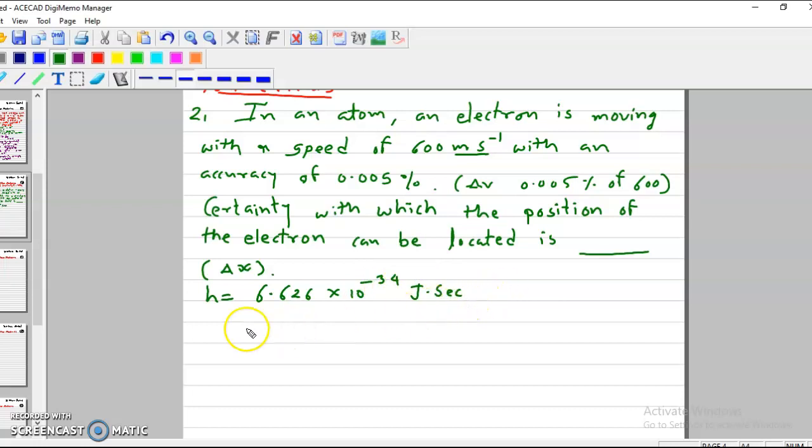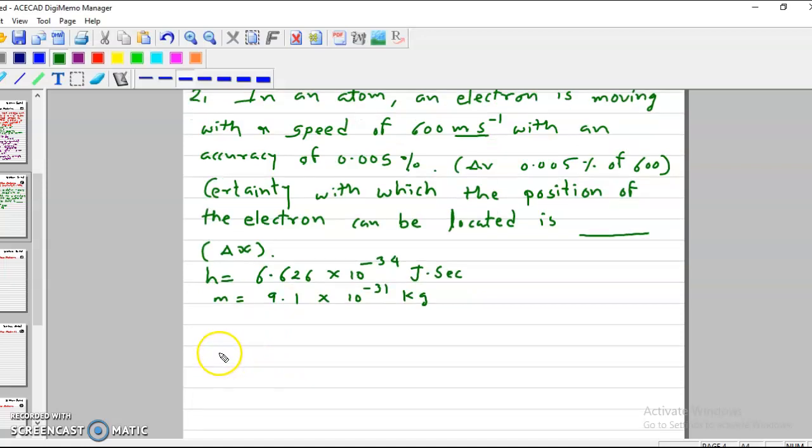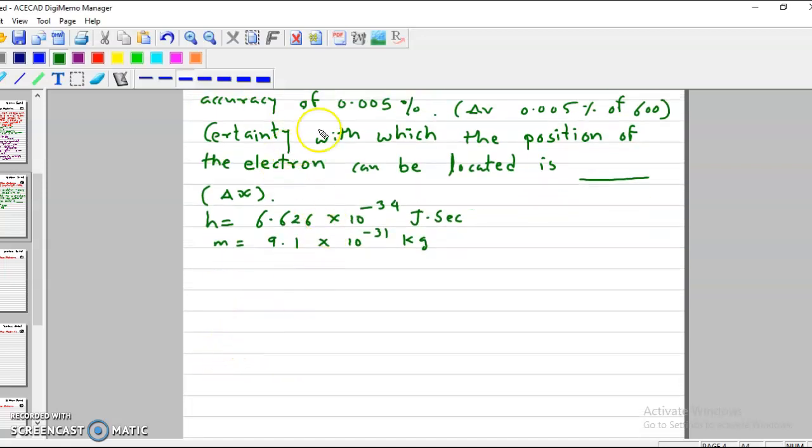Okay, mass of electron, this you have to remember, 9.1 times 10 raised to minus 31 kilogram. And delta V we have to find out from this information.